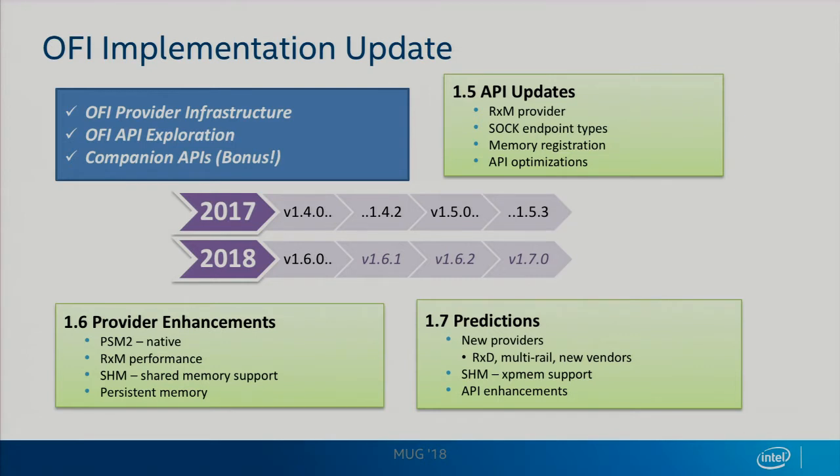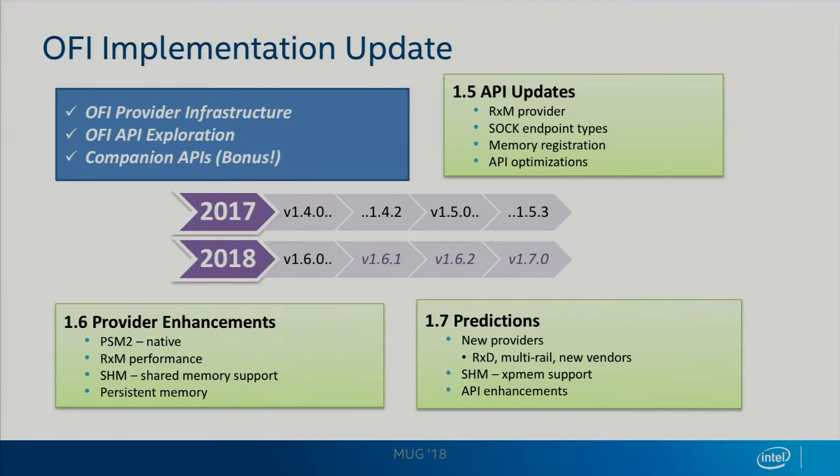And there's a PSM2 native provider that is coming in 1.6. I personally don't know much about that, but if you have any questions, I'm happy to forward them. I'm going to be talking about the rest of these bullets in the rest of the talk.